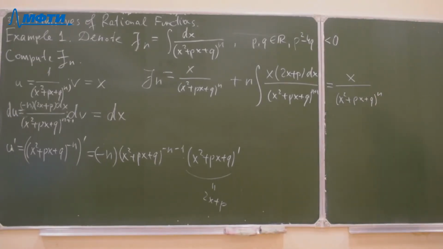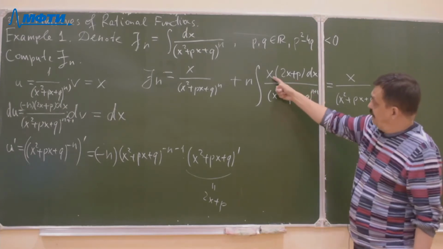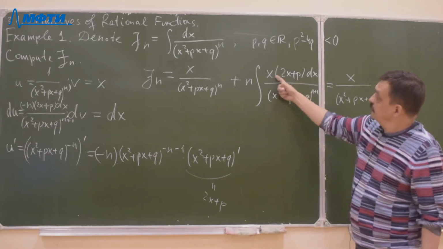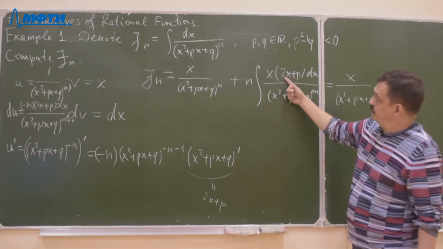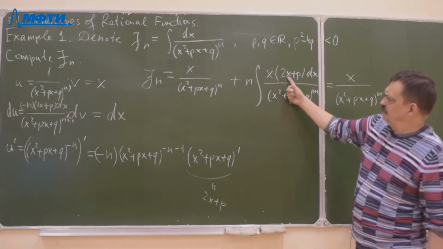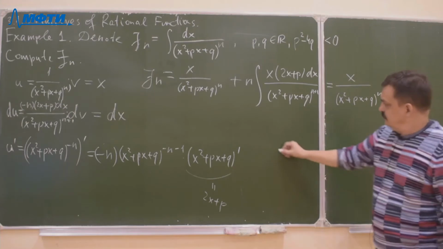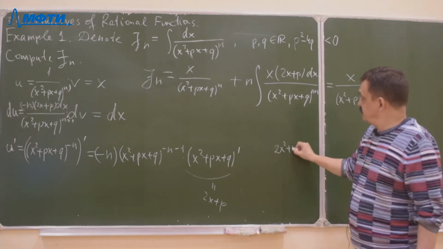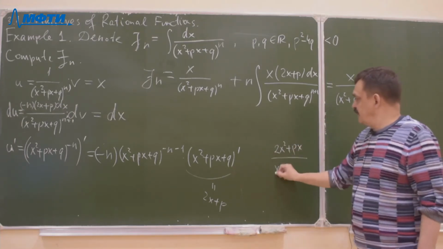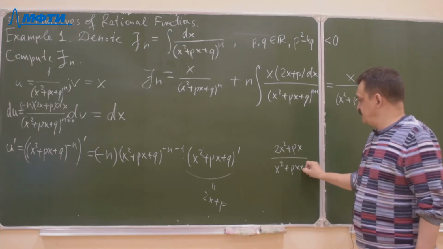First of all, we can divide the polynomial in the numerator, which has degree 2, by the polynomial in brackets. So (2x squared plus px) over (x squared plus px plus q).